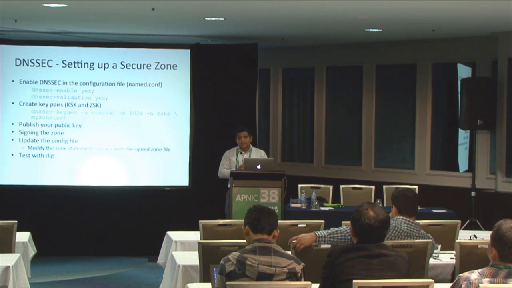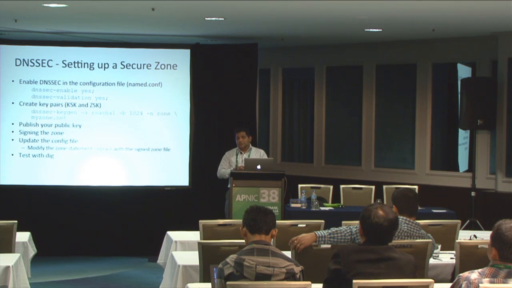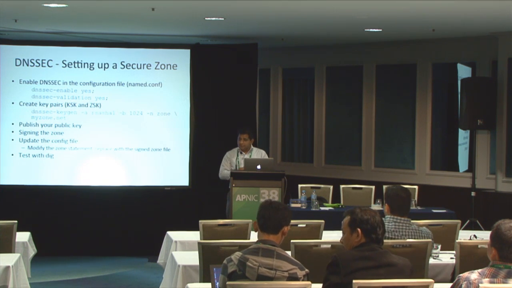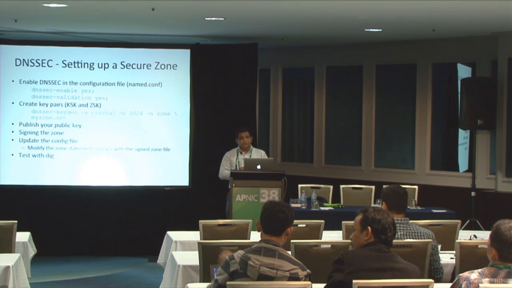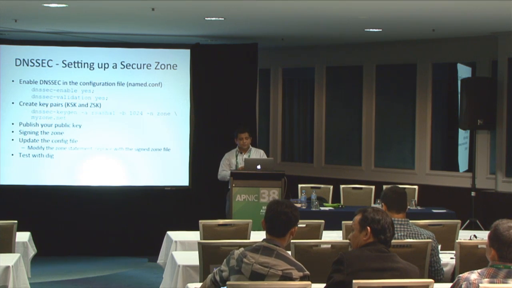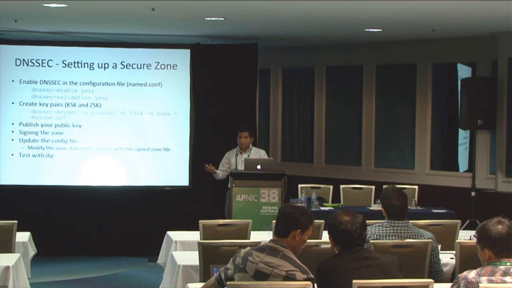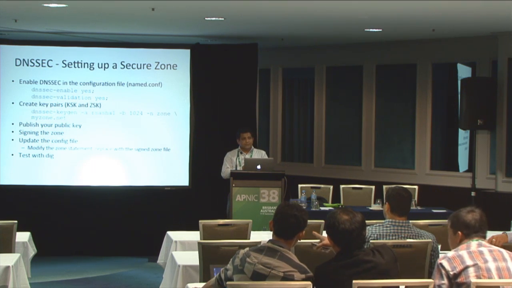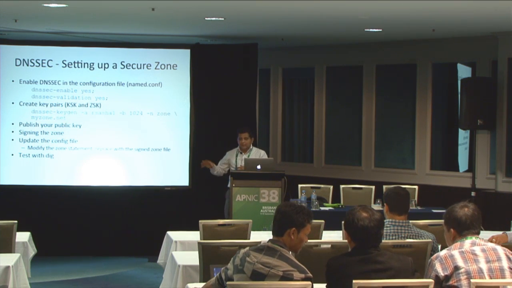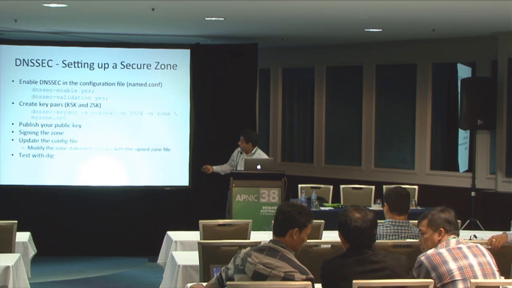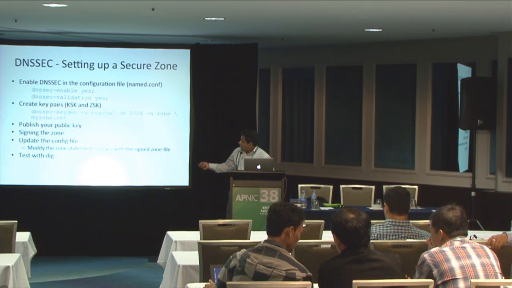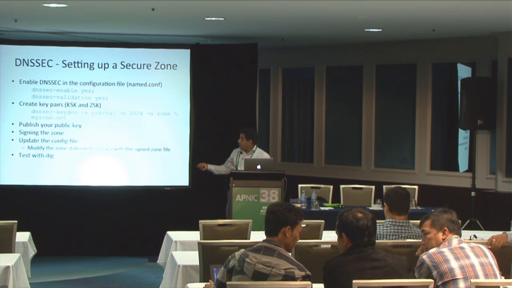And then the next thing is we need to create the key pairs. So we have to generate the keys. We can use a key generation utility for that. For example, if you're using BIND, you can use dnssec-keygen, and in this example, that's the utility we use.